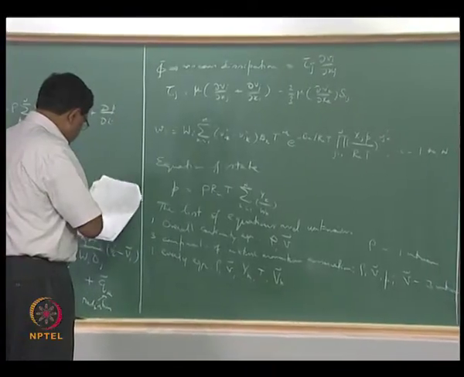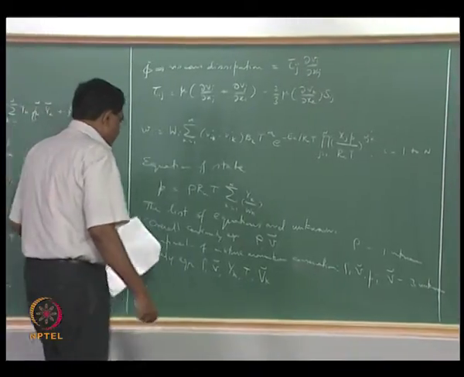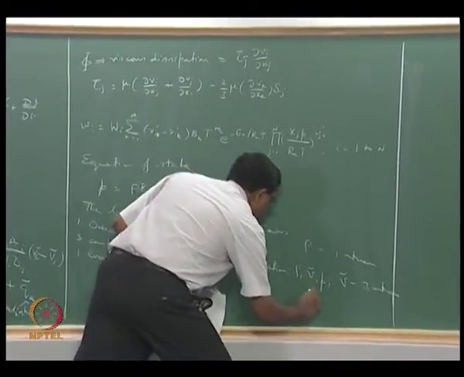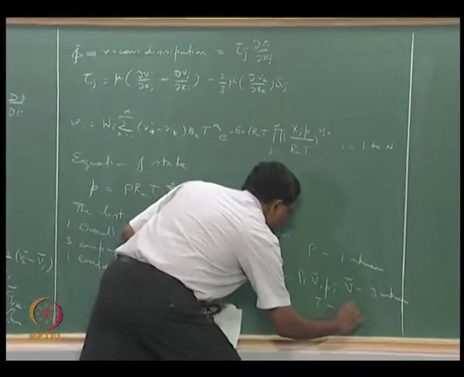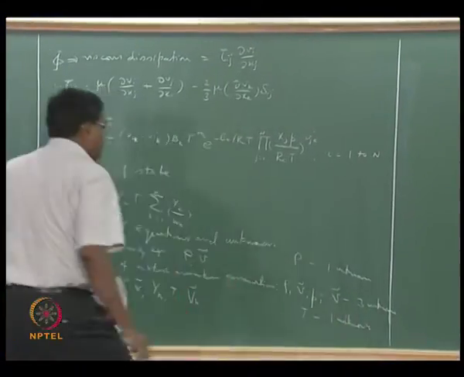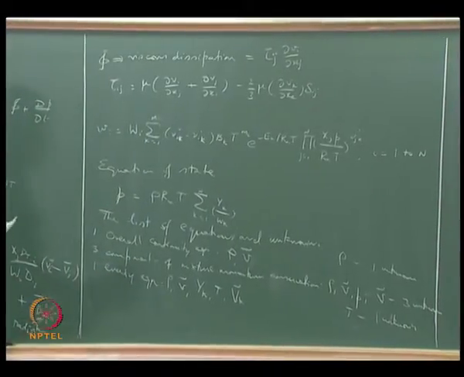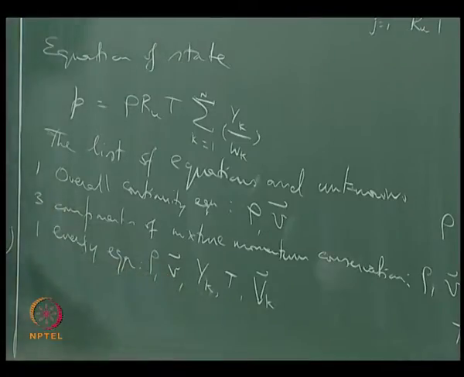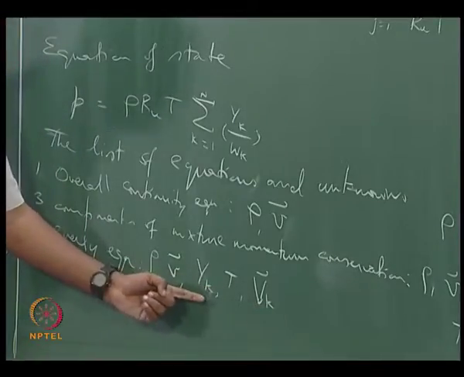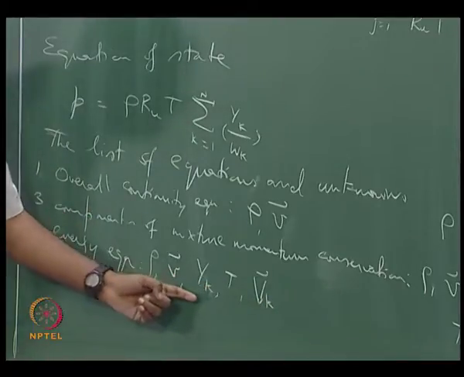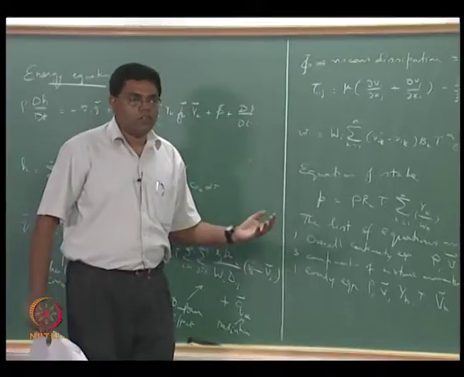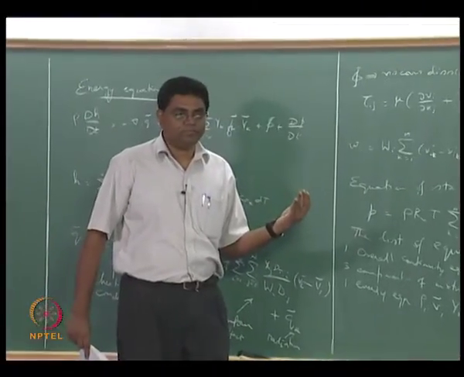We will now look at this as an evolution equation for T, which is one unknown, but we are grossly underestimating the problem here because we have to reckon 3 unknowns here and 3n unknowns here and 1 n unknowns here. So we are short of 4n equations.